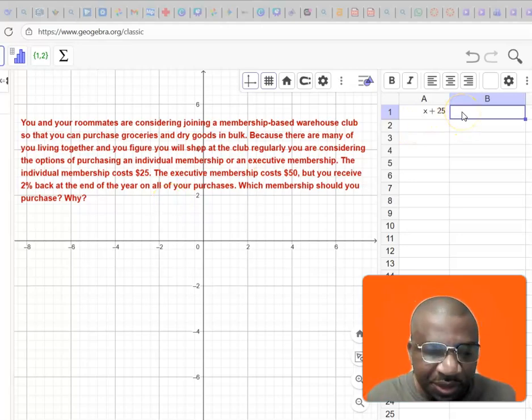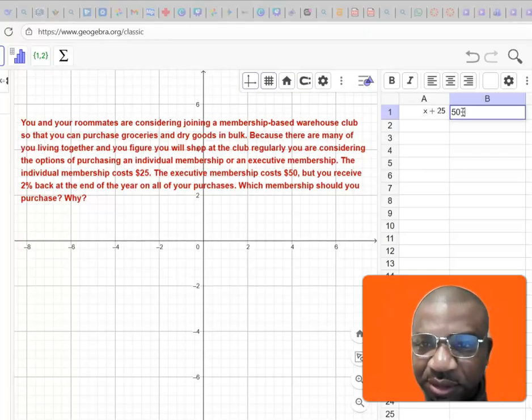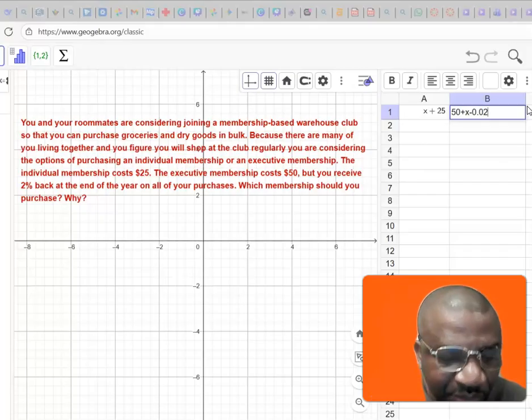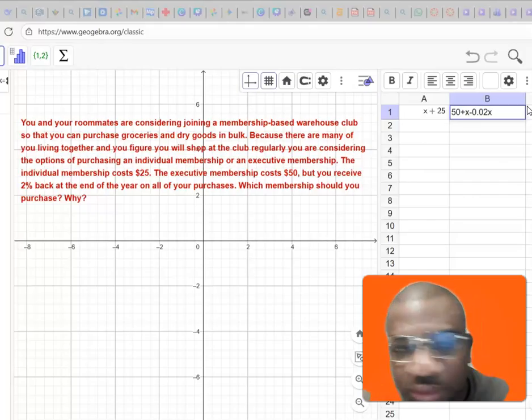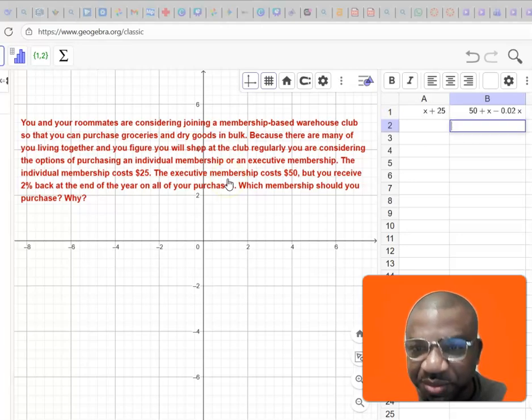So that will be 50 plus x, then subtract 0.02x, which is the discount that we'll receive if we decide to go for the executive membership.